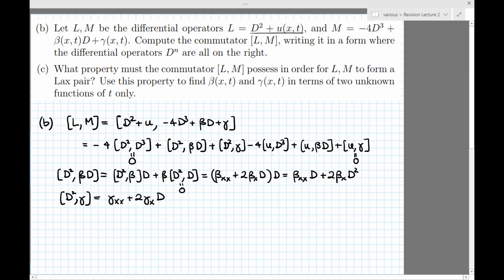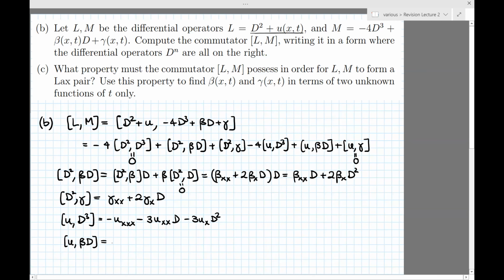Next we have the commutator of u with d cubed. That's equal to minus the commutator of d cubed with u. So we get minus uxxx minus 3uxx d minus 3ux d squared. And finally, we have the commutator of u with beta d.